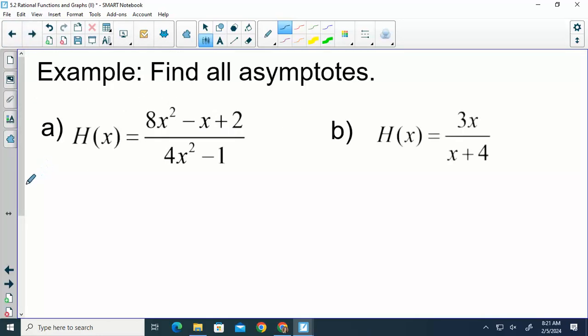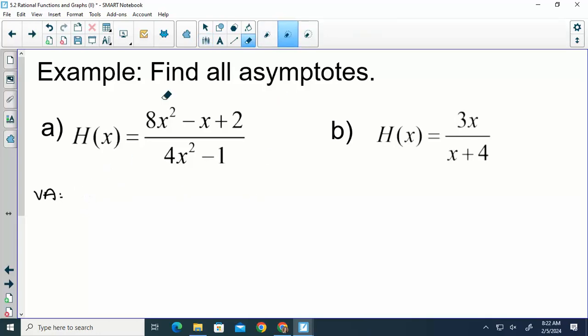If I asked you to find all of the asymptotes for this. So vertical asymptotes are x equals whatever makes the bottom 0, right?